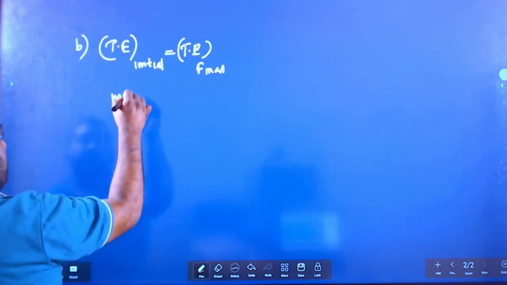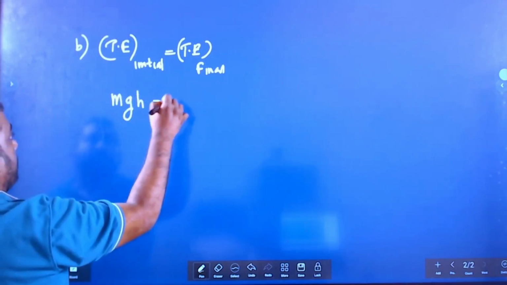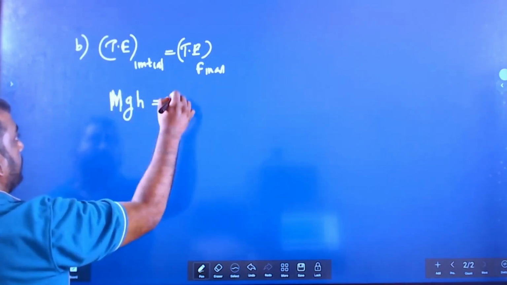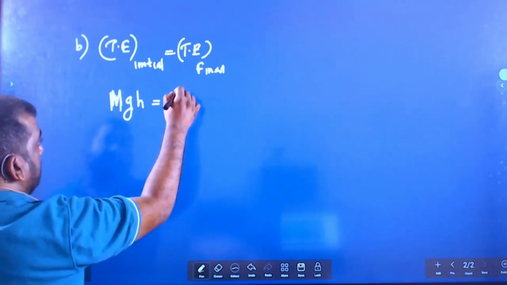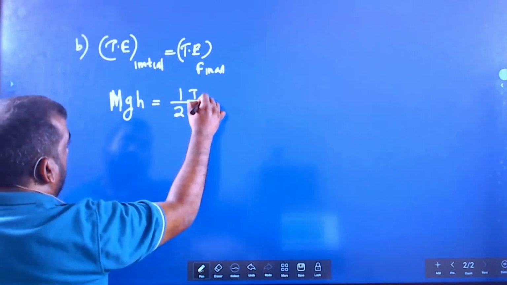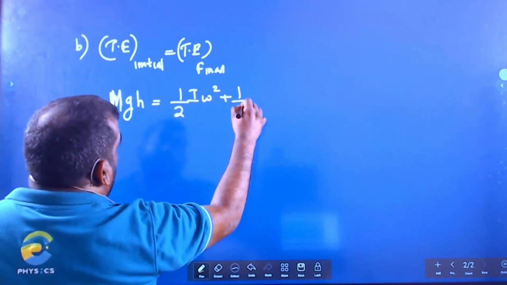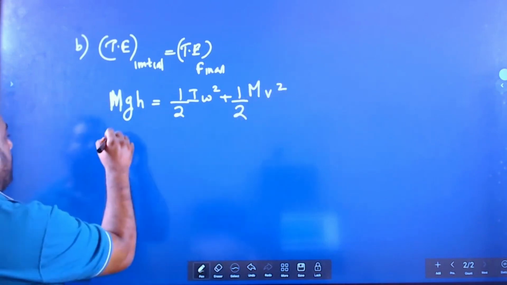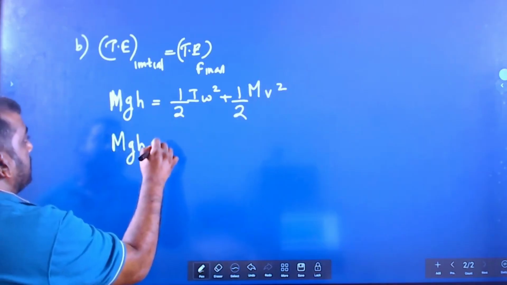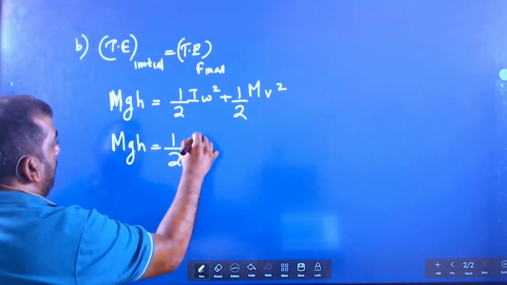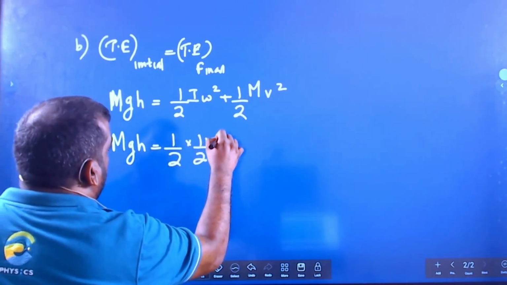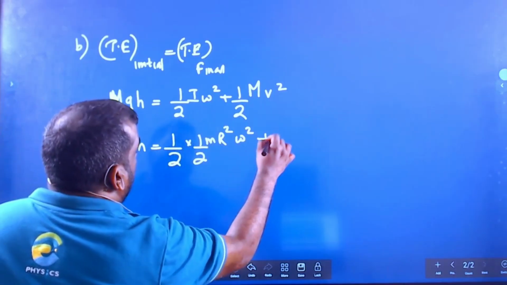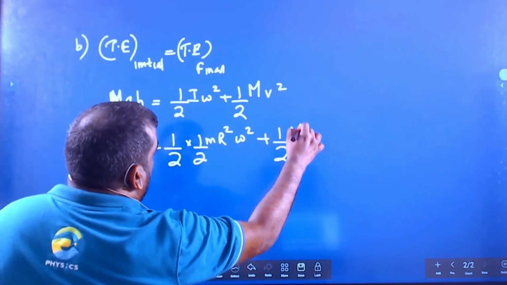Initial is mgh, capital M. Final is half I omega squared plus half capital M v squared. So capital M gh equals half into half simple m r squared omega squared plus half capital M v squared.